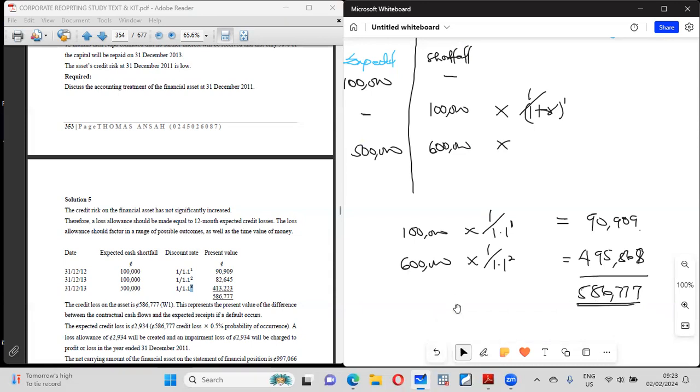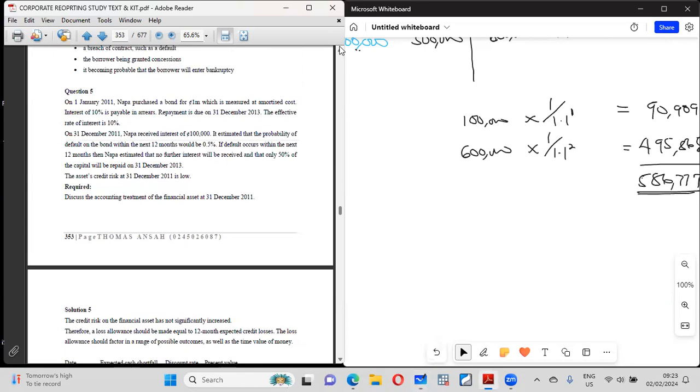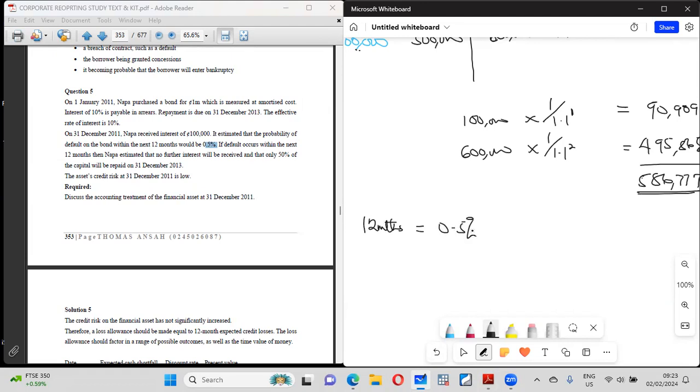Now this question said it is 12 months expected credit loss. So what do we do? The percentage for 12 months is 0.5%. So you have 0.5% multiplied by 586,777.